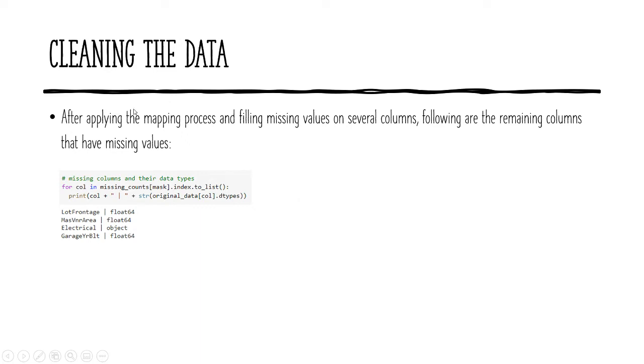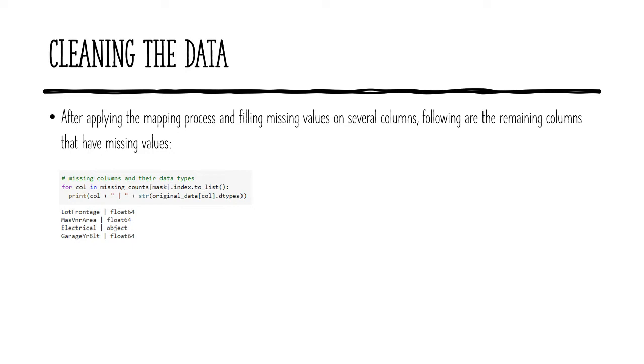After applying the mapping process and filling the missing values in these categorical columns, the following are the remaining columns that have missing values and that we have to work on.